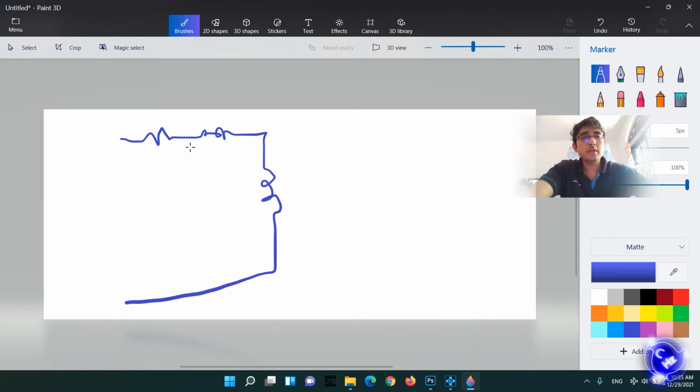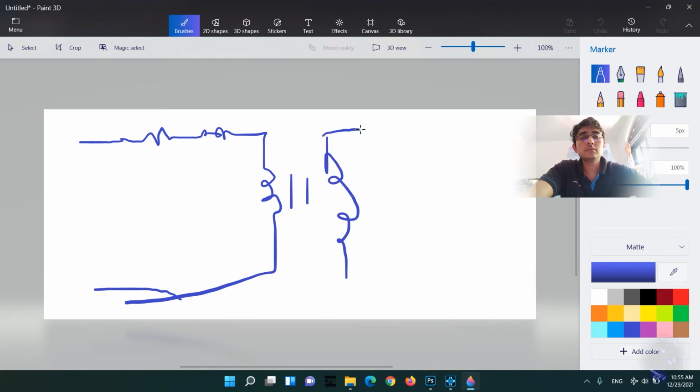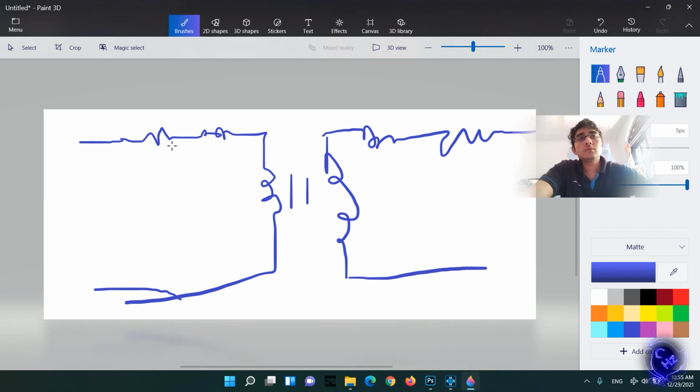This is my primary winding resistance and primary winding leakage inductance. This is the primary winding, and the secondary winding leakage inductance, resistance. Here also I have magnetizing inductance and core loss resistance. Right.